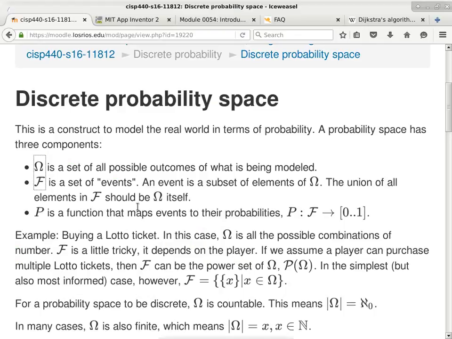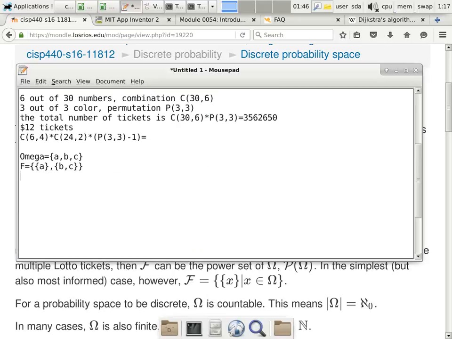When we talk about P, it is a function that does not use omega as its domain. It uses F as the domain. So in this case, using this as an example, P as a function is going to be two tuples, right? Exactly two tuples. How do I know it is exactly two? Because of the domain. Which one is my domain again? F. F has exactly two elements.